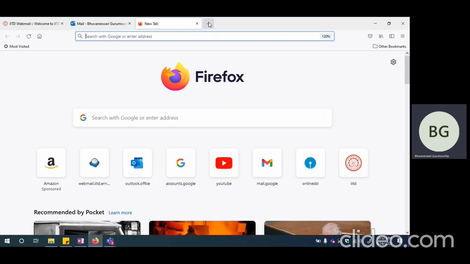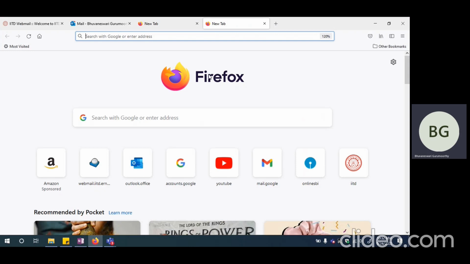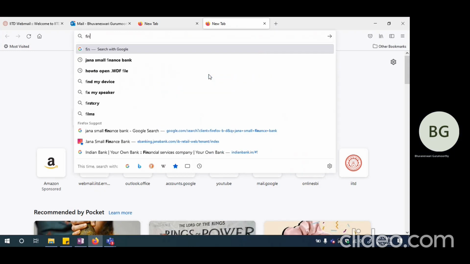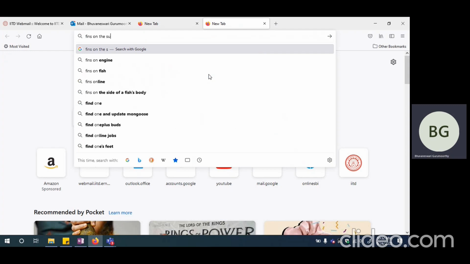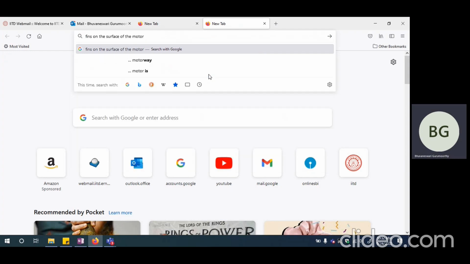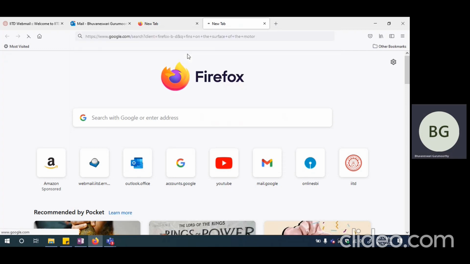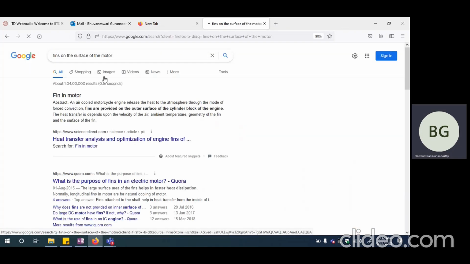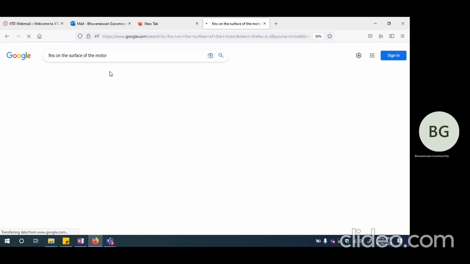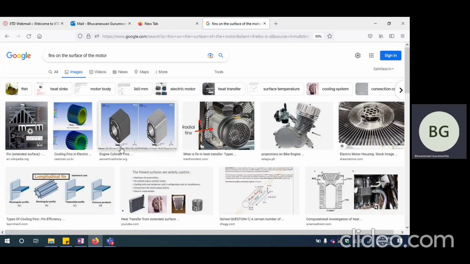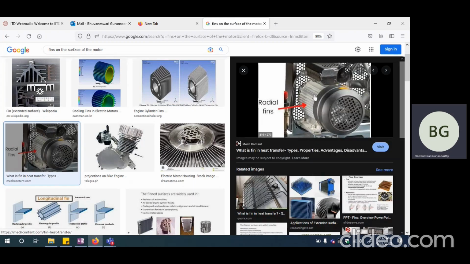Let me try to show what is a fin. So fins on the surface of the motor. Let us try to look at some image. So you can see that this motor is not having a smooth surface.